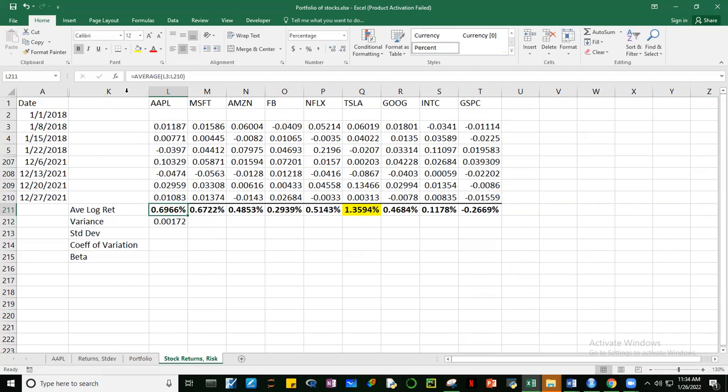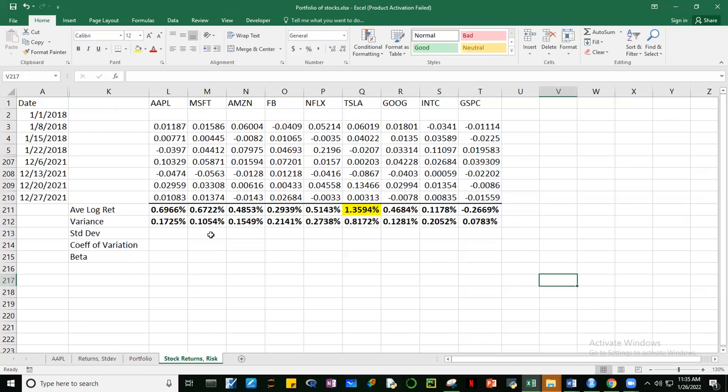Copy ko lang, before decimal place na lang din. Okay, so the variance, si Apple is 0.1725. And copy natin to the right. Okay, so we can see here the variances of the different stocks.